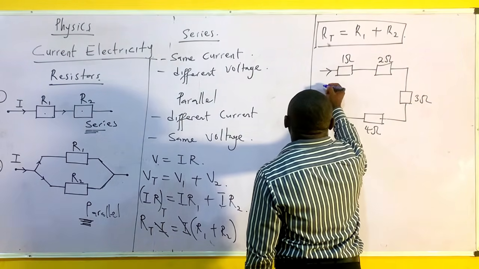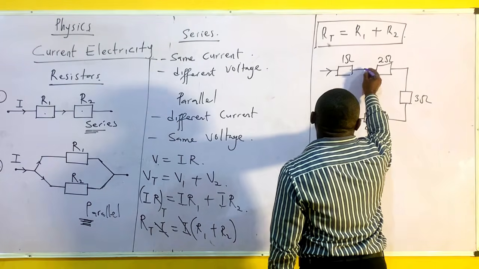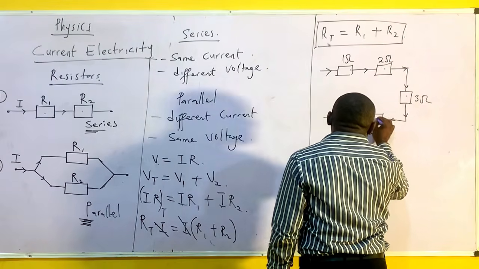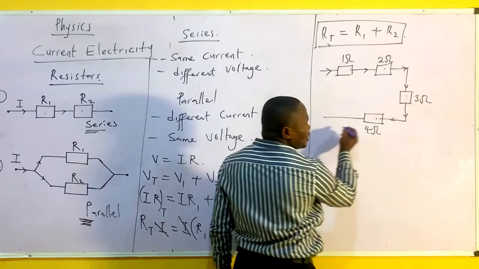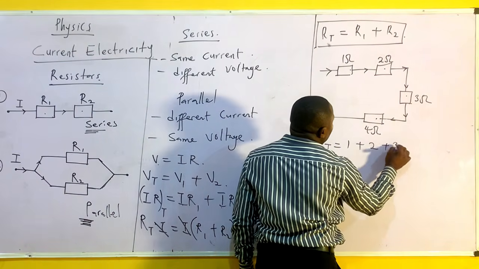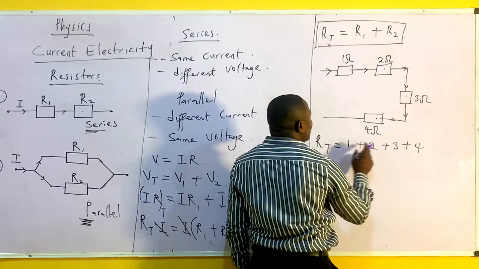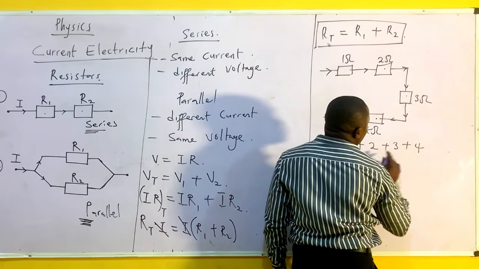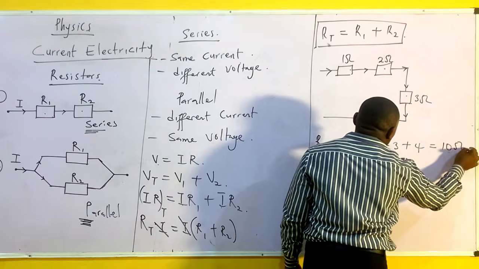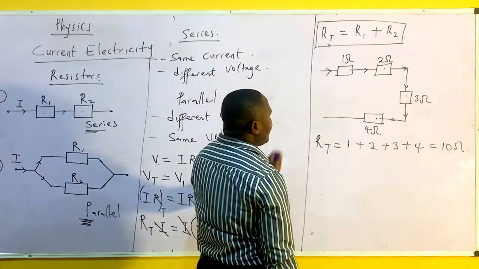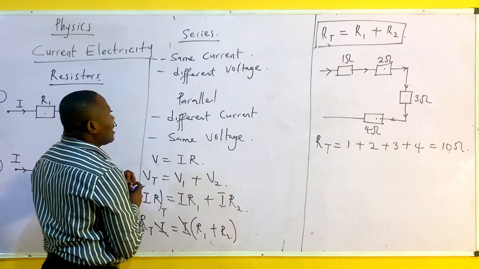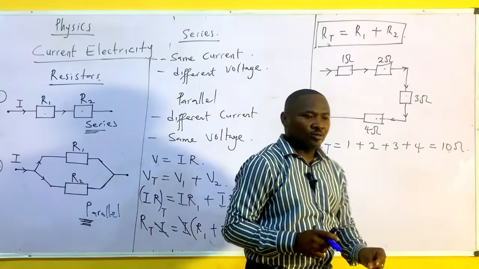It means that the same current coming from here will enter here, leave, enter here, leave, and enter here. So this is a series connection. My R total will be 1 plus 2 plus 3 plus 4, which is 10 ohms. So when we have a series connection, you say R1 plus R2.